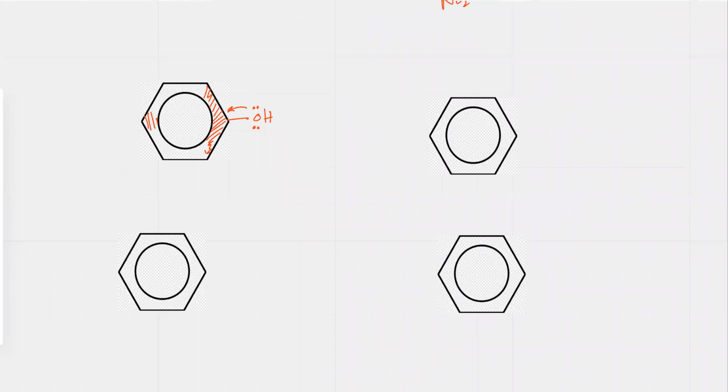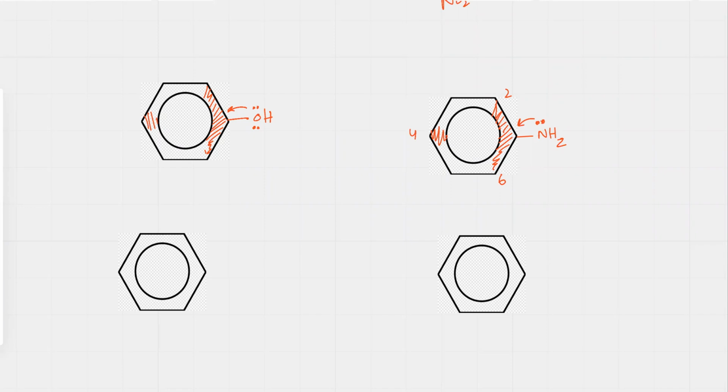You've got NH2, that also has a lone pair. The N has a lone pair. So the lone pair on N overlaps with benzene's electron cloud, and the electron density becomes greater at position number 2, at 4, and at 6.